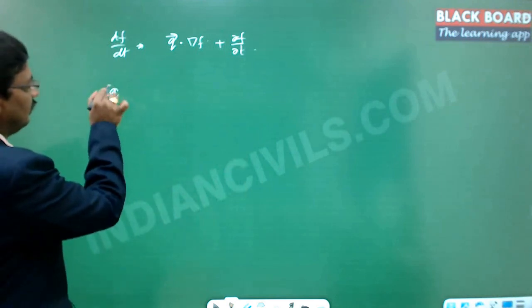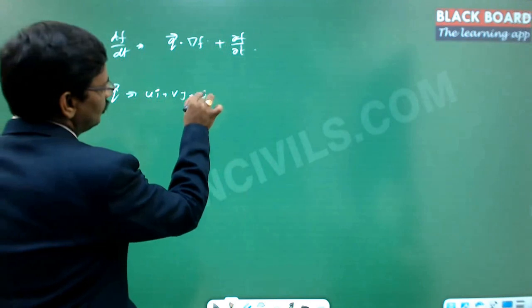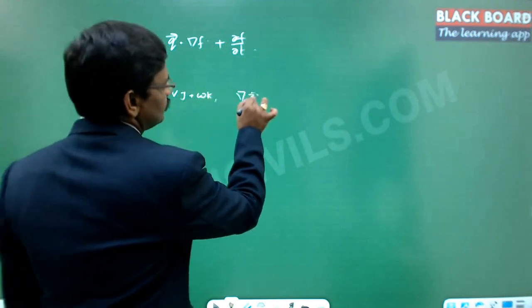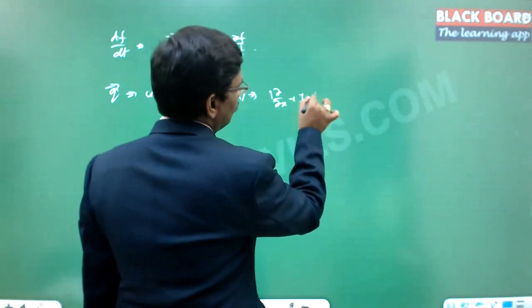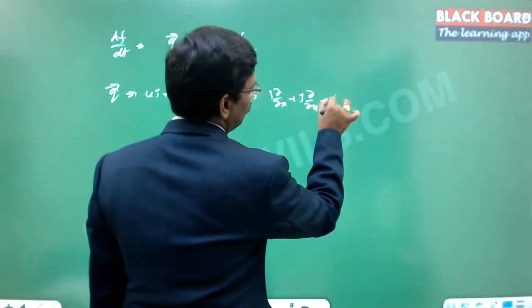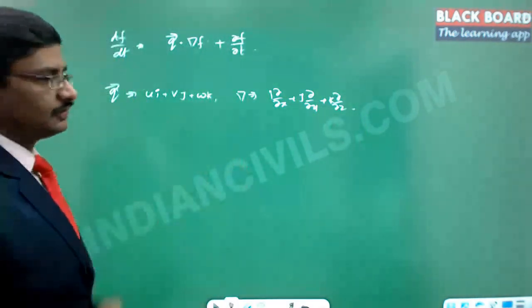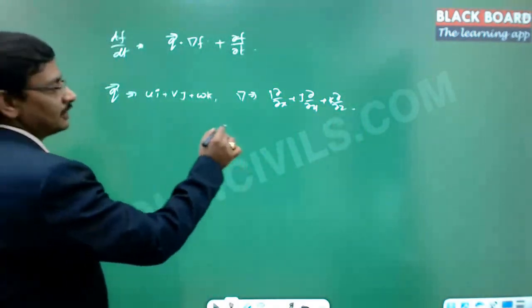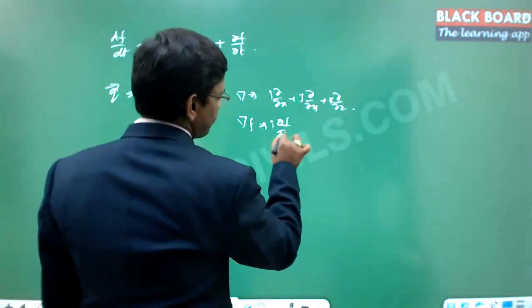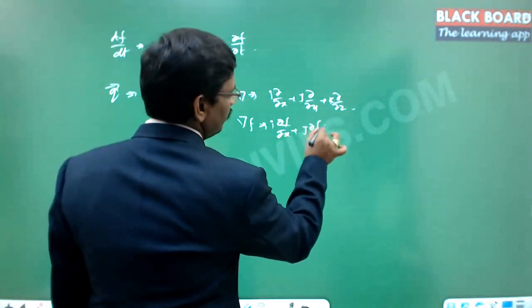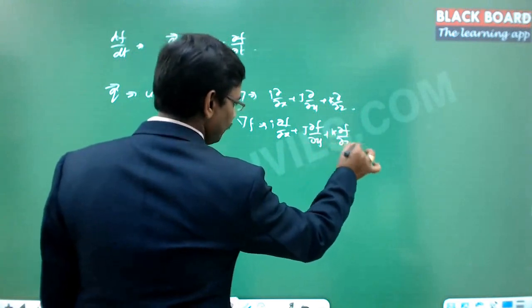So q is u into i plus v into j plus w into k, and del is usually expressed as i dou by dou x plus j dou by dou y plus k dou by dou z, right? And if you take the del f, this is i dou f by dou x plus j dou f by dou y plus k dou f by dou z. So this is the del f value.